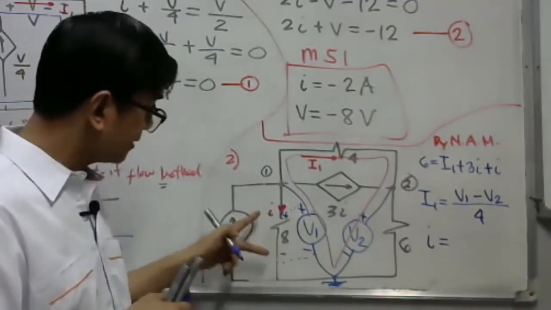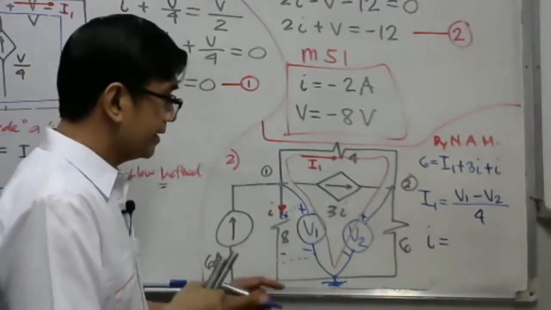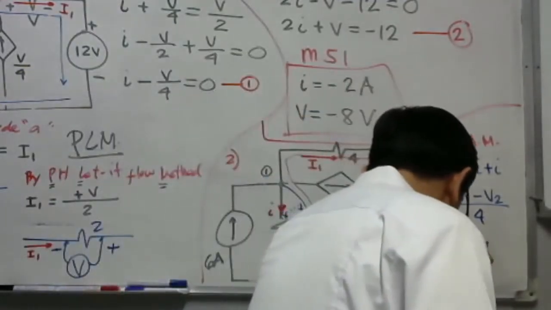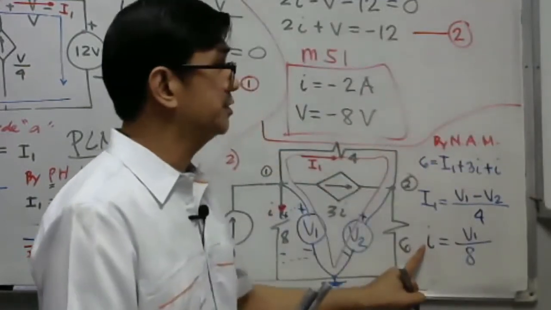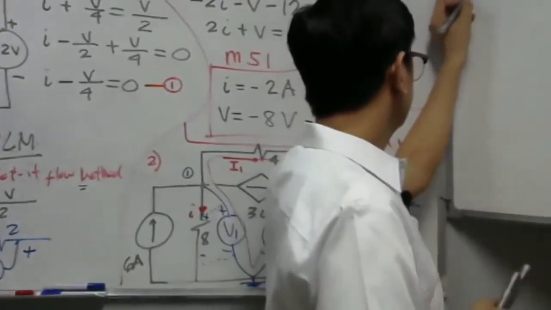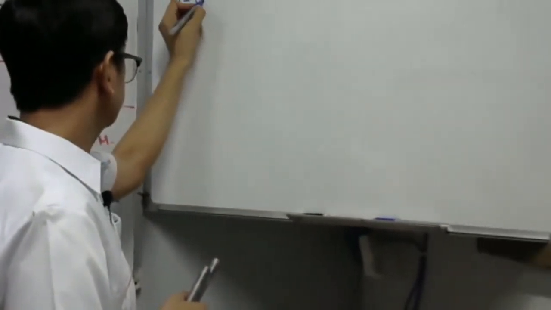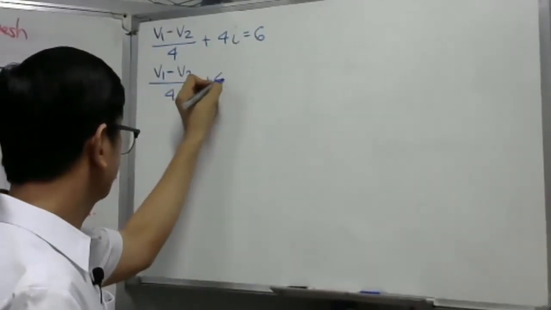That is the voltage drop in the 8 ohm resistor. So I will just substitute B1 over 8 here. So we have B1 minus B sub 2 all over 4, then plus 4.